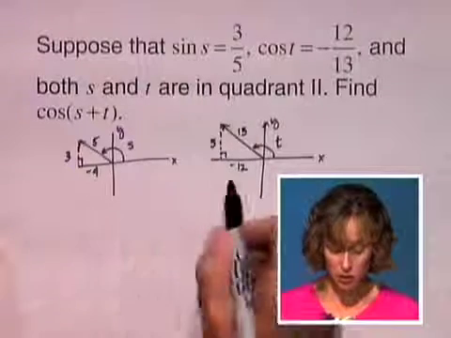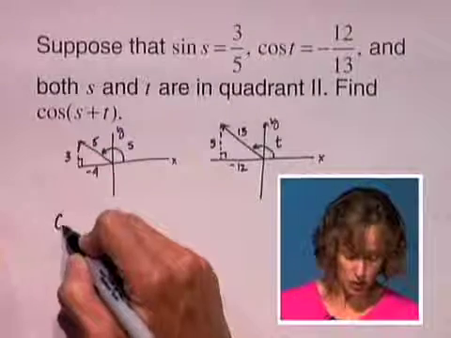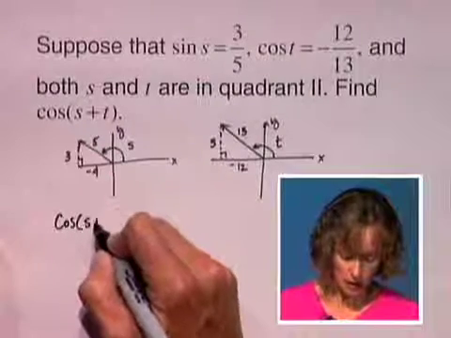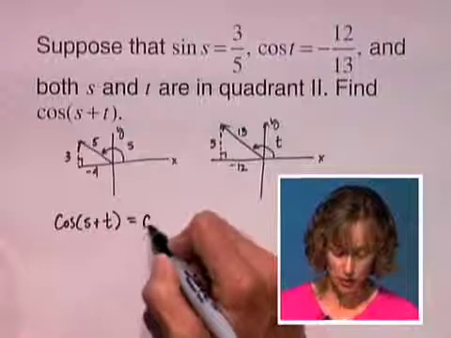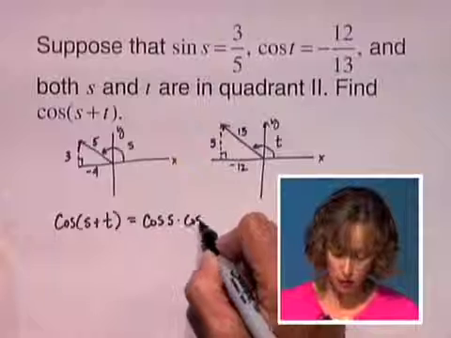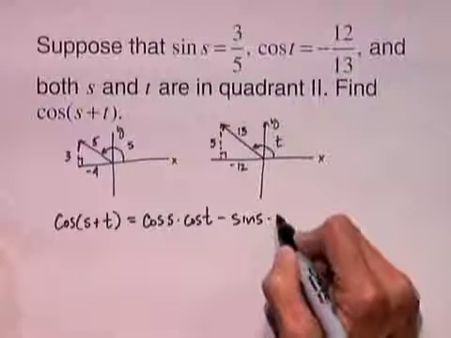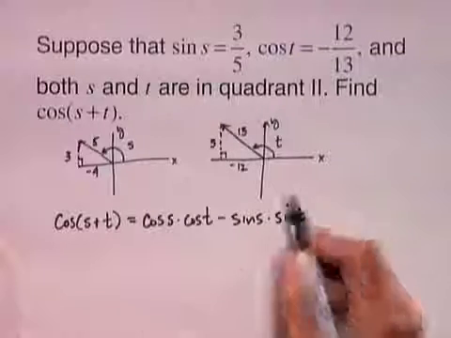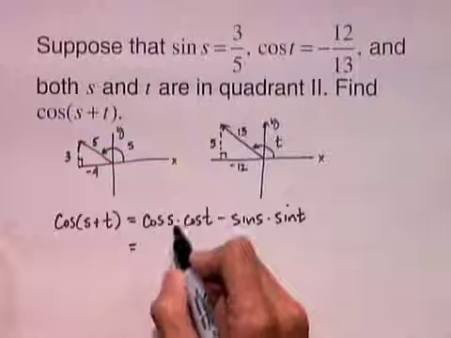And you can check that out using the Pythagorean theorem. Now based on those pictures, I'm supposed to find the cosine of S plus T. So here's where an identity comes in. Cosine S plus T, a cosine sum identity, is cosine S times cosine T minus sine S times sine T. And for each trig function, I fill in a value.